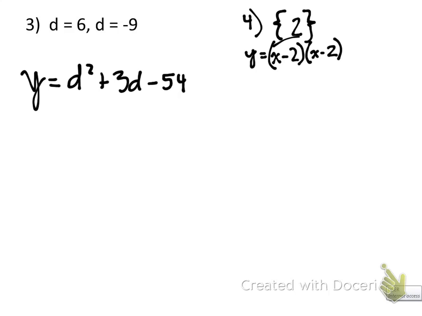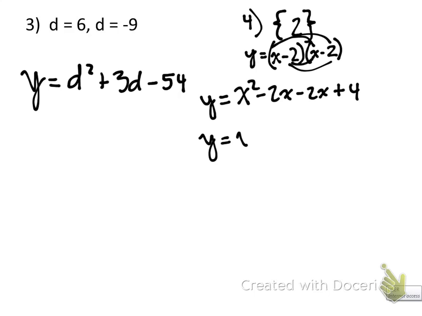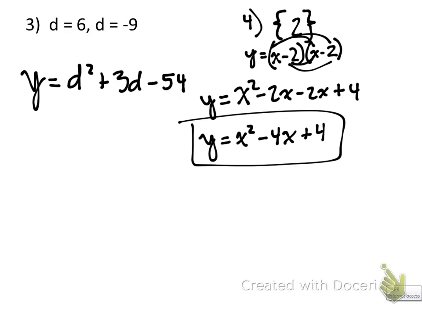And then you have to FOIL it, right? Just like before. So you have x squared minus 2x minus 2x plus 4. Okay? And y is in the front. Then we simplify, combine like terms, x squared minus 4x plus 4. There you go. That's your answer, kiddos.